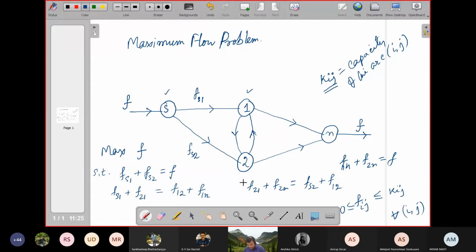But as you can see, this LP has equations, right? So while solving, you have to take either a two-phase approach or the dual simplex. And interestingly, this has less than or equal to constraints as well. Unlike the transportation problem, where we had only equations, here you have a mix of equations as well as less than or equal to constraints, right?